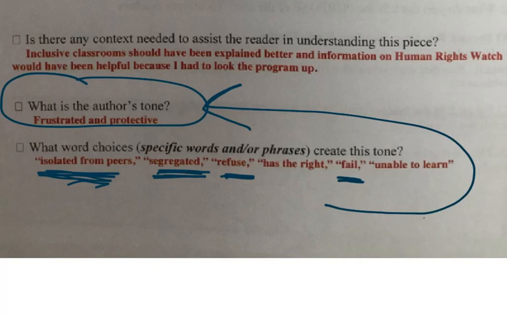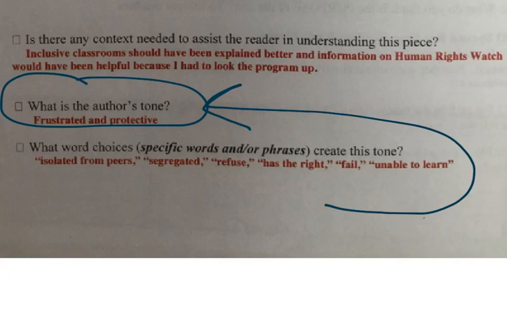And then she went into the reverse, right? When they're being refused, she got protective, saying, hang on a second, they have rights that are being denied. And it is false that people feel like they cannot learn, when in fact they can. So I felt like these were the words that I picked to write down that helped me prove my tone of feeling frustrated.